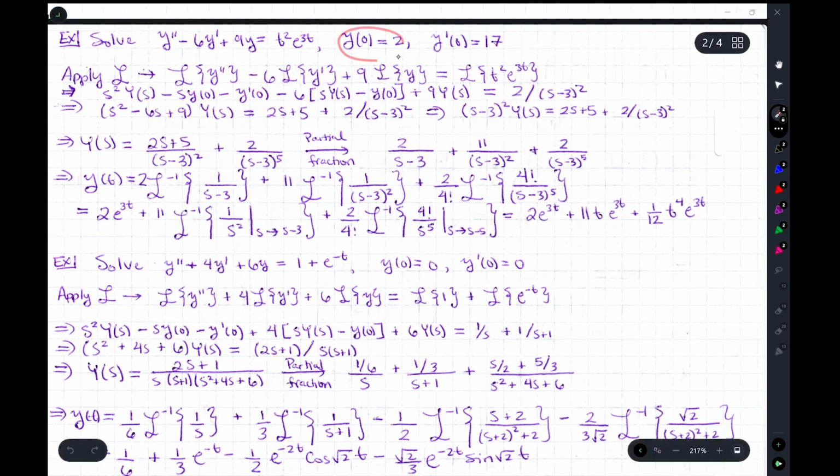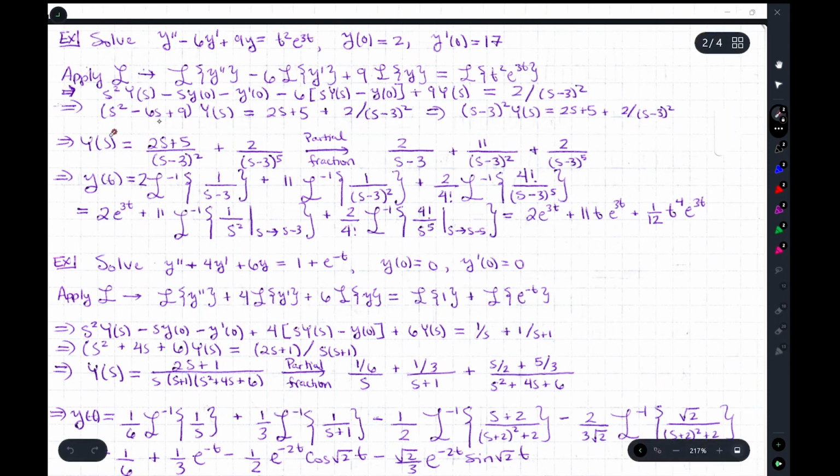We make the substitution y(0) equals 2 and y prime of 0 equals 17. We also make that here, and this here is the Laplace transform of the right-hand side, the non-homogeneous term. And we end up with this expression here.